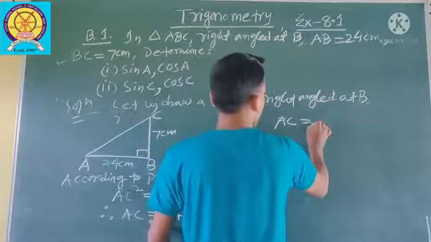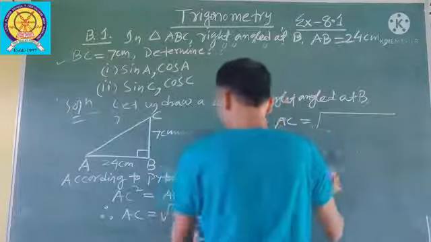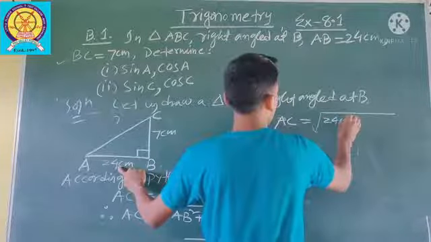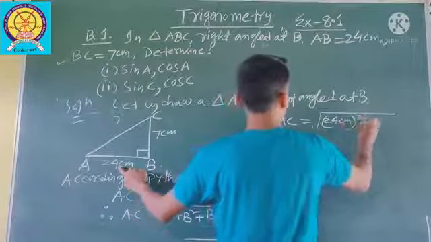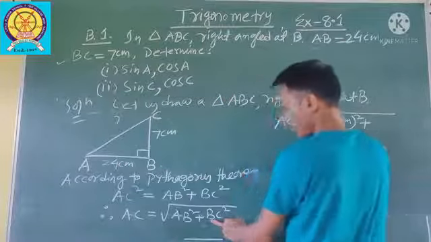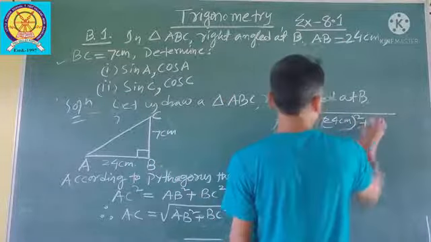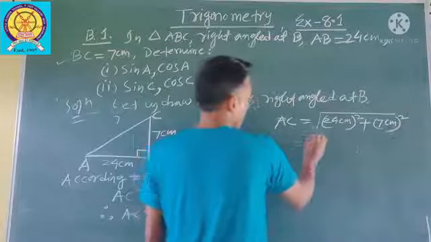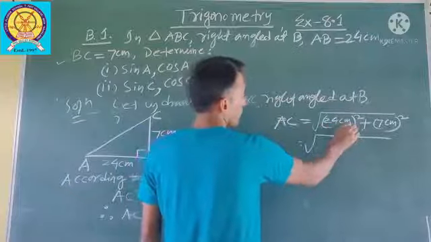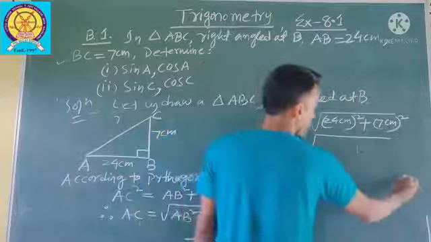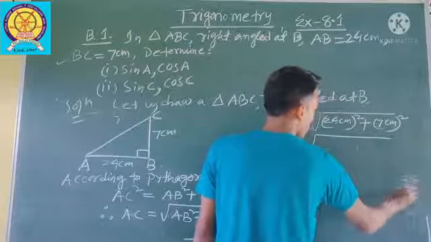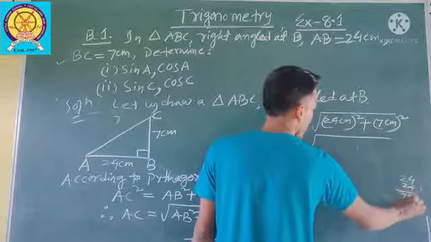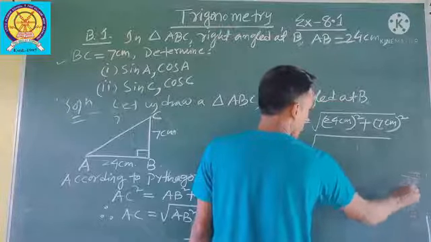AC is the square root of AB square. AB value is 24, so 24 cm square plus BC square. BC value is 7 cm. 24 cm square means 24 into 24: 4 fours are 16, 4 into 2 is 8, plus 1 is 9, 2 into 4 is 8, 2 into 2 is 4.